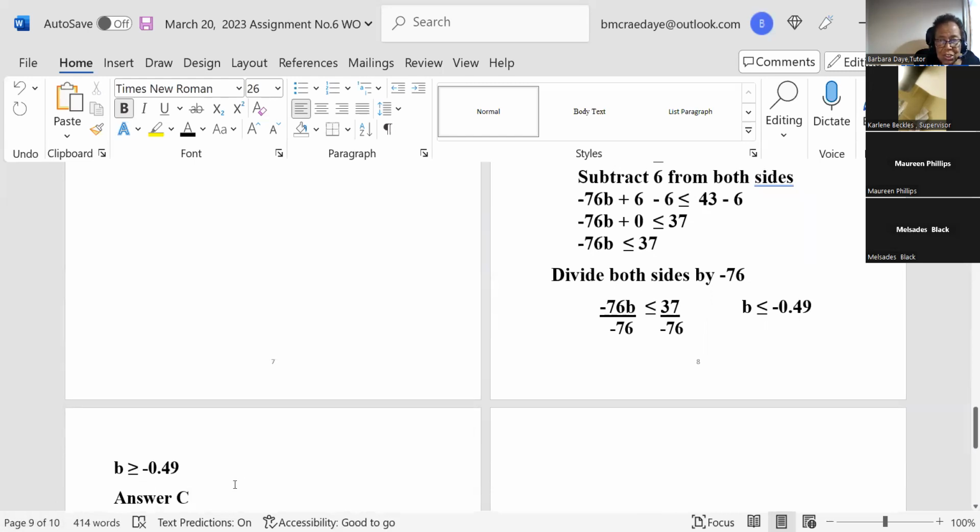Any questions? No, Miss. Okay. So there again, the sign rules come into place. The inequality rules come into place where if you divide or multiply by a negative, you reverse the inequality symbol. Got it?